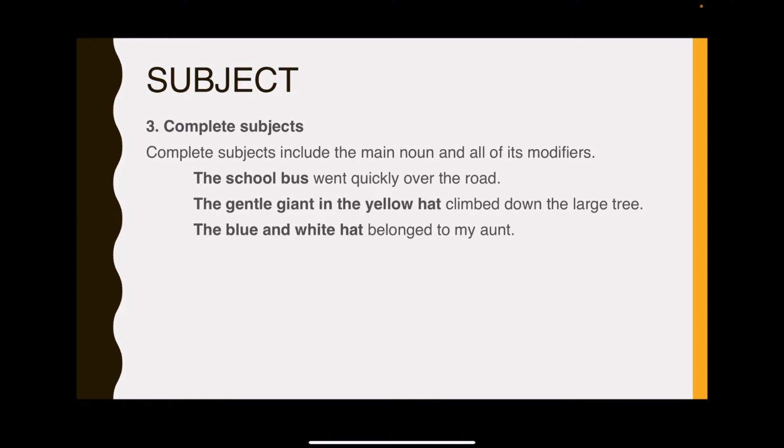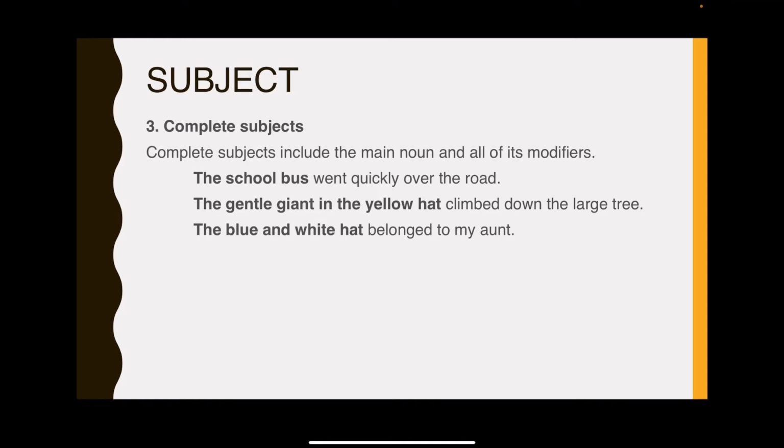If it's only the bus, that will be just a simple subject. But here we give some modifier. It's not just an ordinary bus, but the school bus. So the word school here is used to modify the word bus. This is called the complete subject, not just the simple one.